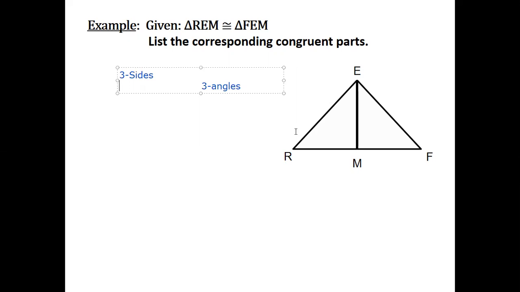This side is called a common side, or the reflexive property, or reflexive side. Then we have RE congruent with FE. And second, we have EM. As I said, EM is a common side.